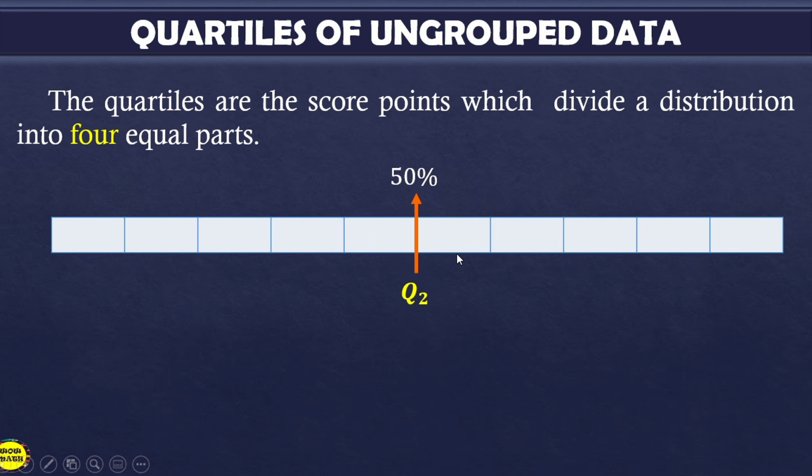And then, lahat naman ng score na nasa right side, ibig sabihin mas mataas sa second quartile natin. And then, dito yung first quartile natin, and that is 25% of the distribution. Dito naman natin makikita yung third quartile, or yung tinatawag rin nating upper quartile, that is 75% of the distribution.